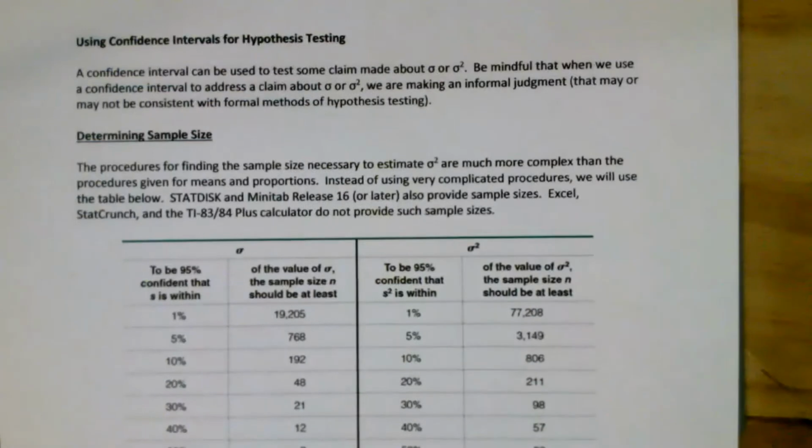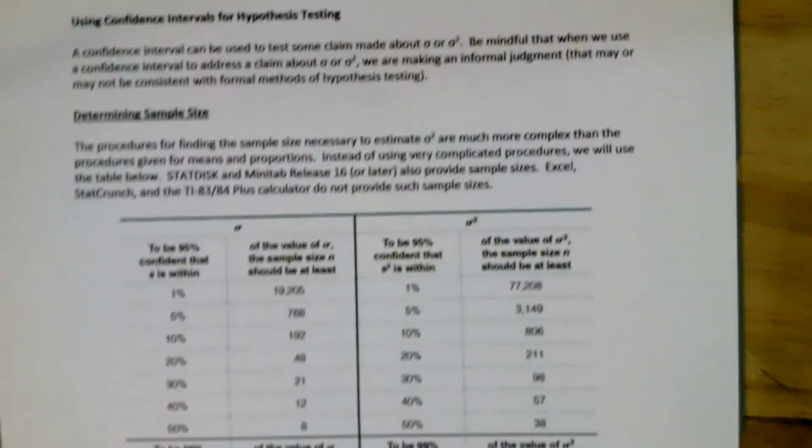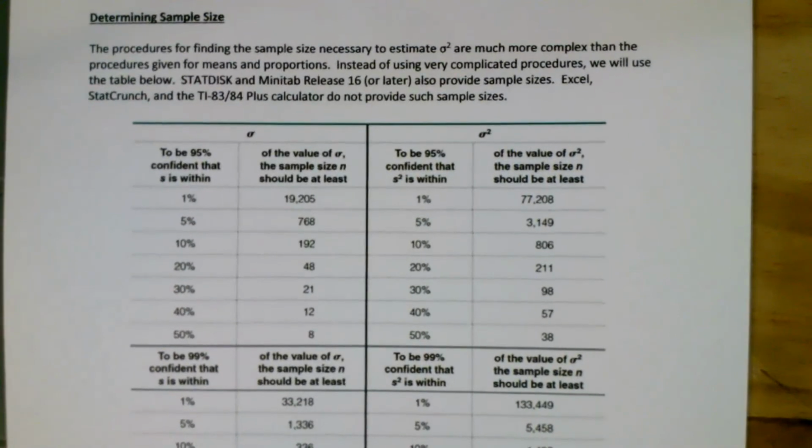All right, last we'll look at using confidence intervals for actually determining sample size. That's the one I want to talk about because we can use StatDisk as well. The procedures for finding the sample size necessary to estimate sigma squared are much more complex than the procedures given for means and proportions.